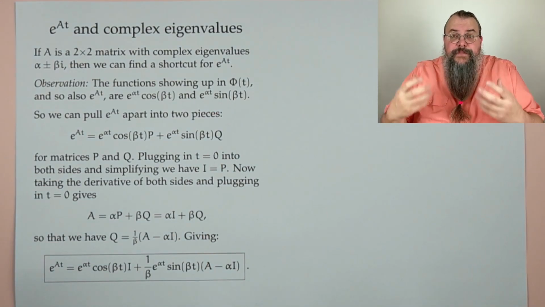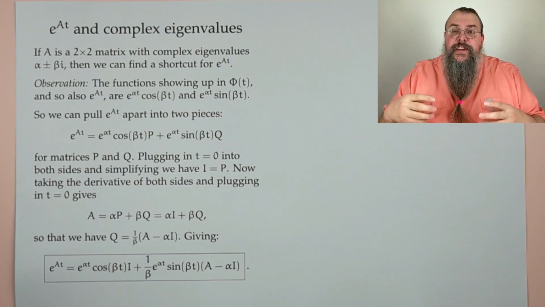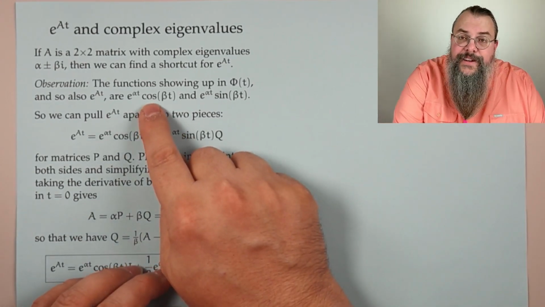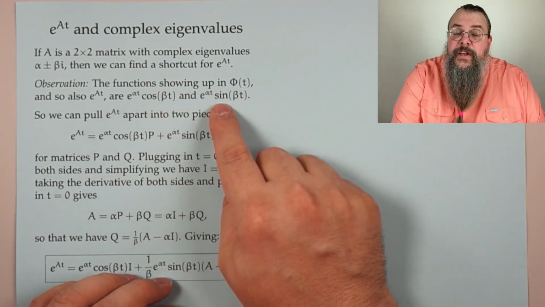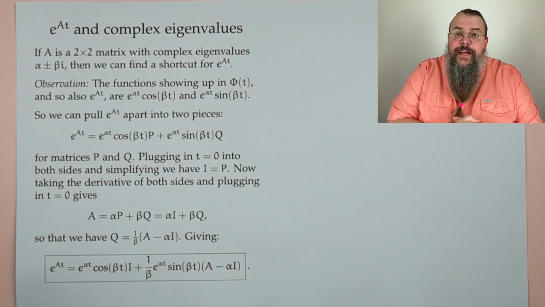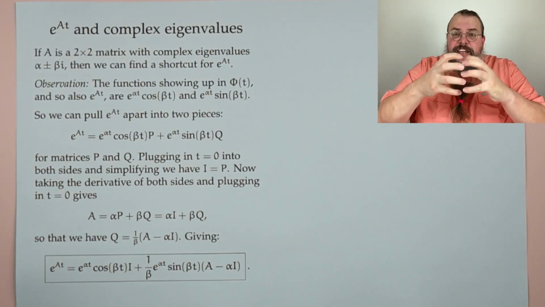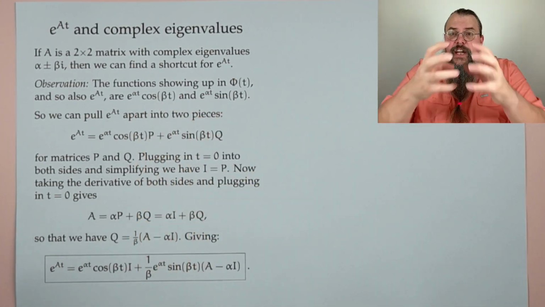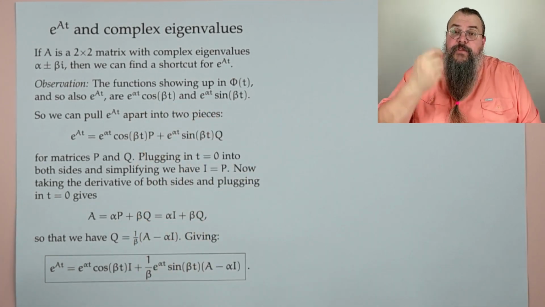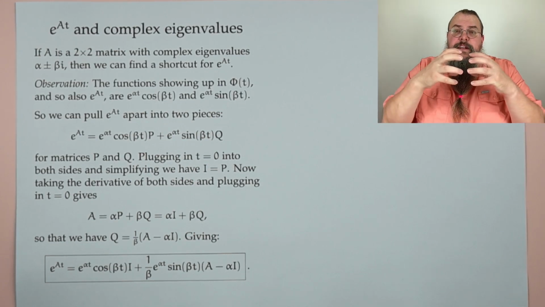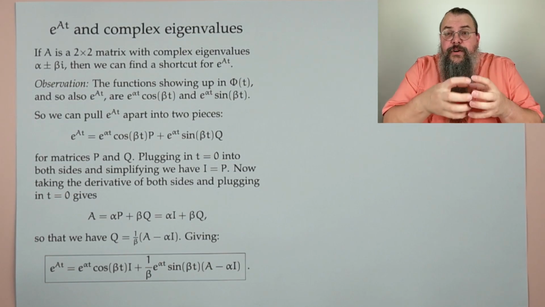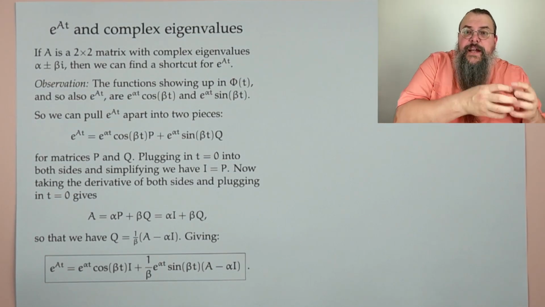Phi 0 inverse is just constants, so when you carry out the multiplication, that says every piece looks like either that or that. Okay, so now we say, great. So let's take our e to the at. We know everything has one of these two terms attached, and we're going to pull it apart, similar to the way that we've been pulling apart the vectors. Remember how when we had complex eigenvectors, we said you have the real part plus the imaginary part.